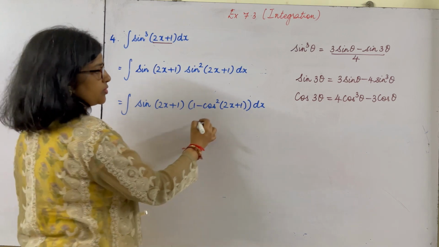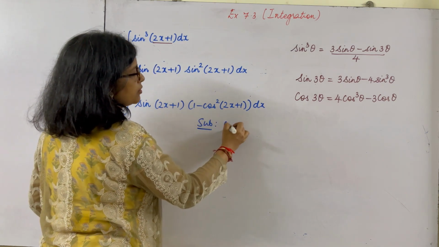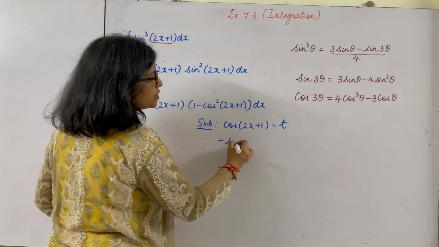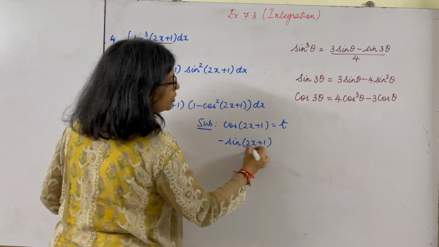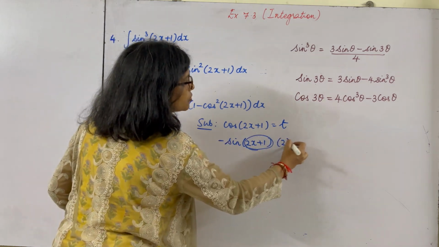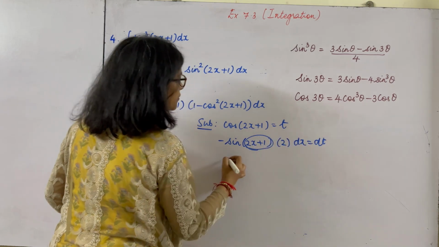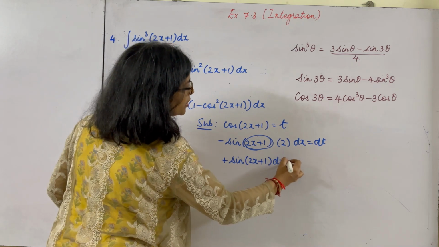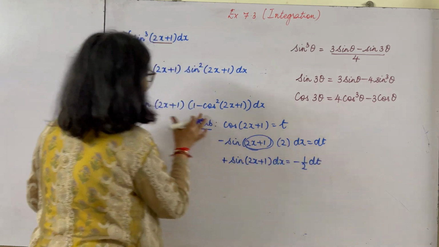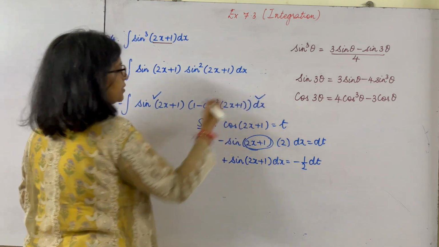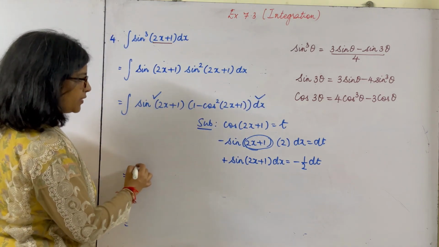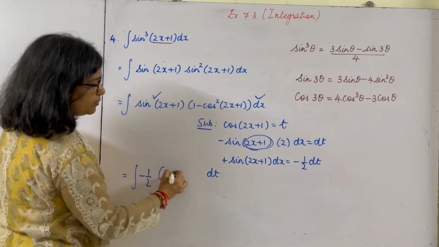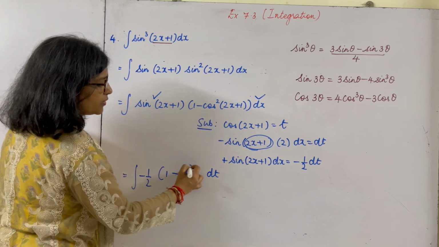So, if we substitute cos 2x plus 1 as t, the derivative will be minus sine 2x plus 1, and applying the chain rule, differentiating 2x plus 1, we have into 2, and so minus sine, or sine 2x plus 1 dx will become minus half dt, and we put that here. Sine 2x plus 1 into dx is minus half dt. What is this value? 1 minus cos 2x plus 1 is t, so we have t square.